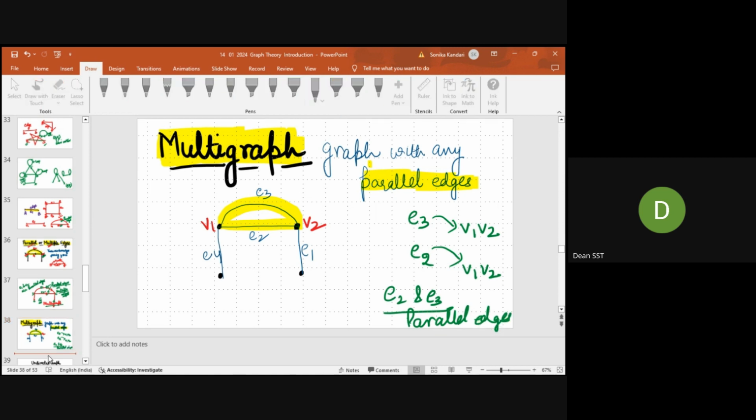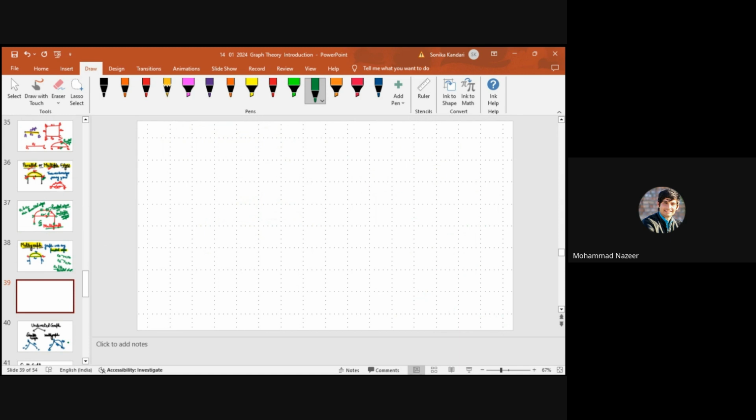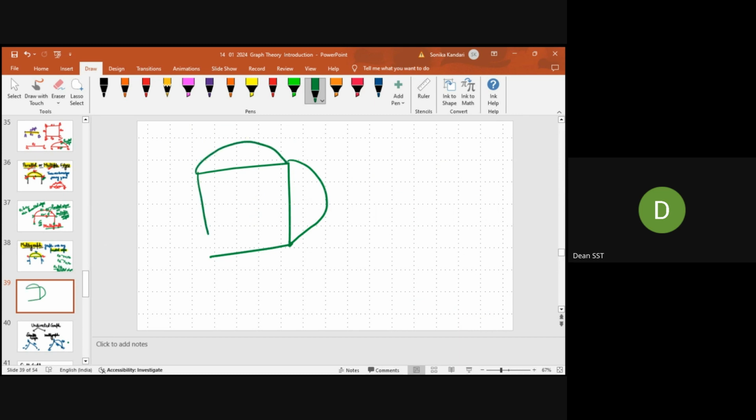Is it clear? Yes, ma'am. Parallel edges can be anywhere. You can have a parallel edge like this, or like this, or like this. These are parallel edges.